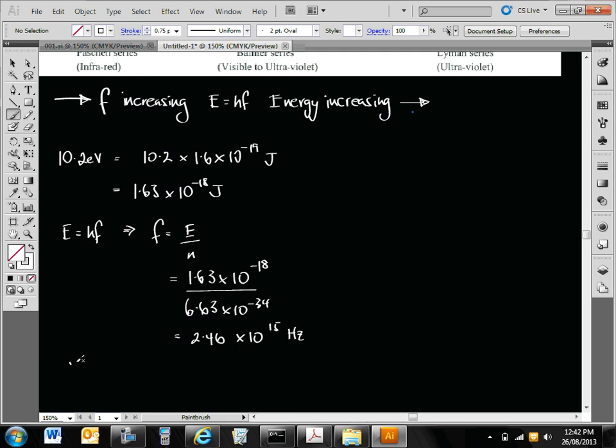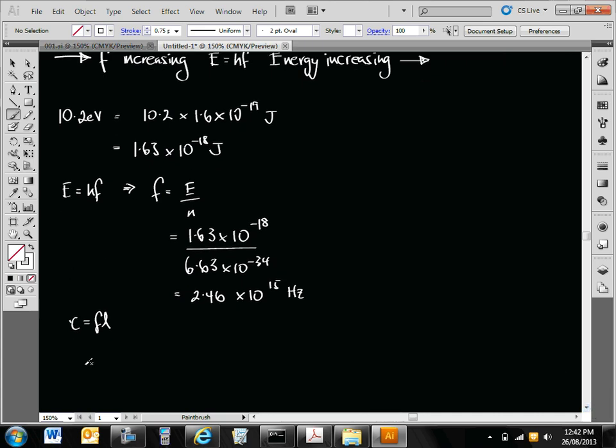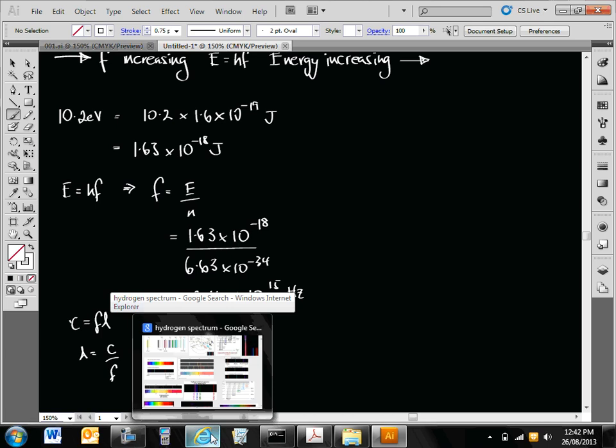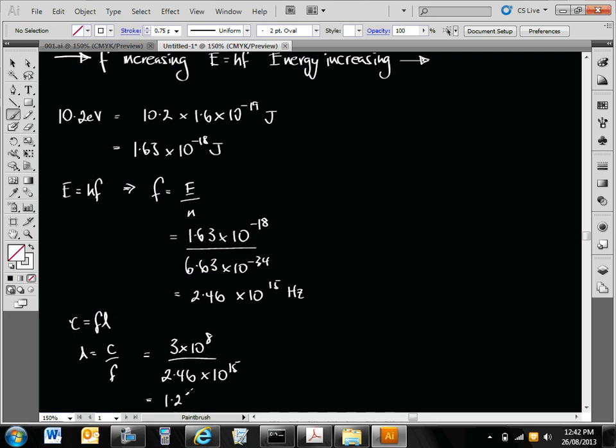c equals f lambda when we're talking about light. Lambda is equal to c on f, which equals 3 by 10 to the 8 meters per second, all over 2.46 by 10 to the 15. That equals 1.22 by 10 to the minus 7 meters. Now, what do we know about that?